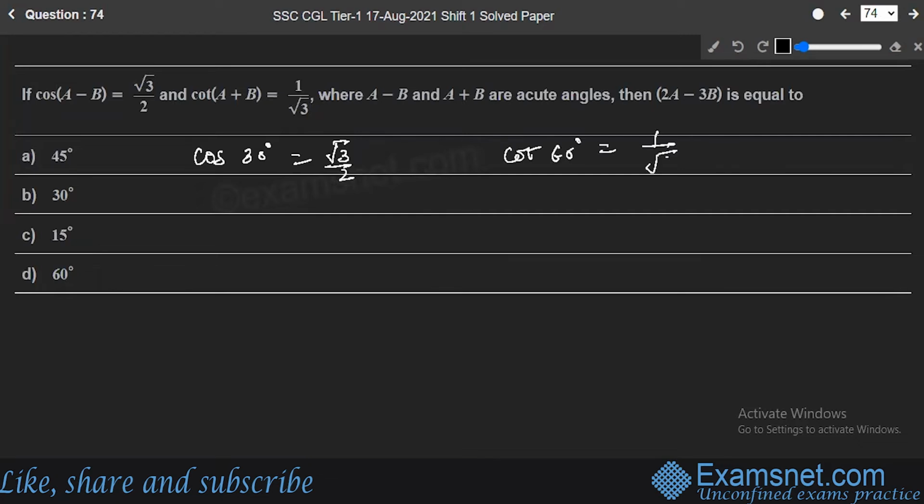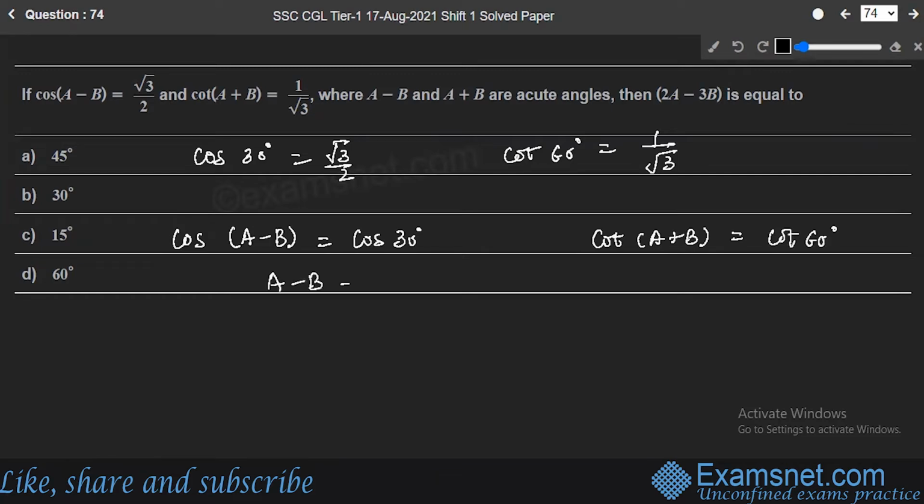So I'll be filling in the values over here. Cos(A minus B) is equal to cos 30 degree. Similarly, cot(A plus B) is equal to cot 60 degree.